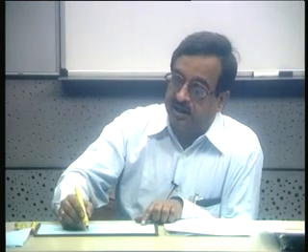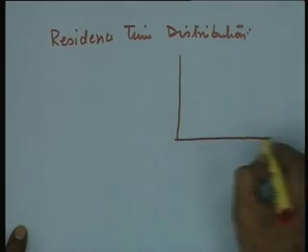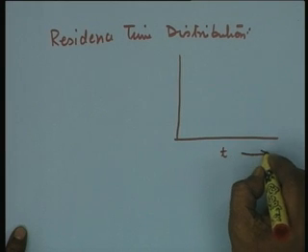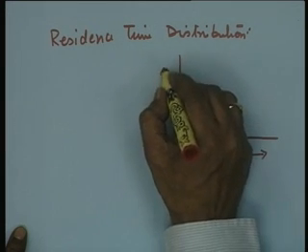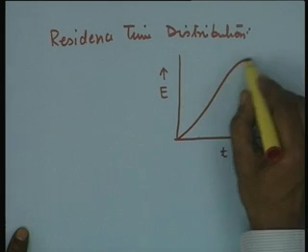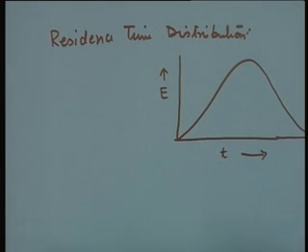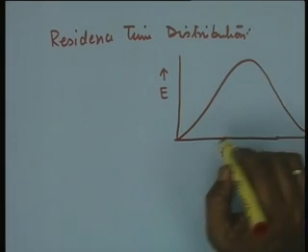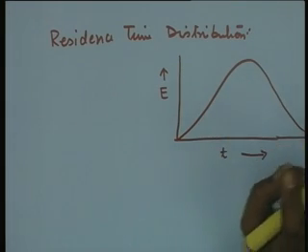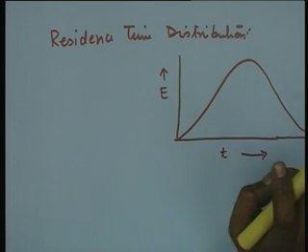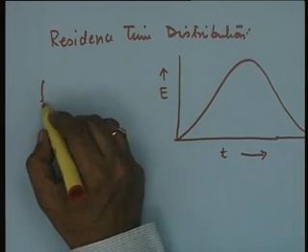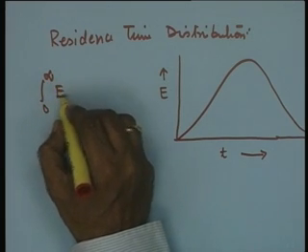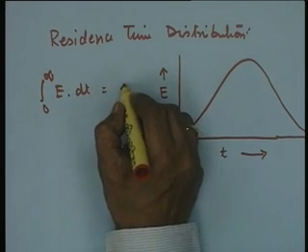If it deviates, the exit age distribution or residence time distribution is essentially given in the form of exit age versus time distribution, and one can say that if this is the total exit age distribution for any given fluid element from a reactor, then the integral from 0 to infinity of E dt is equal to 1.